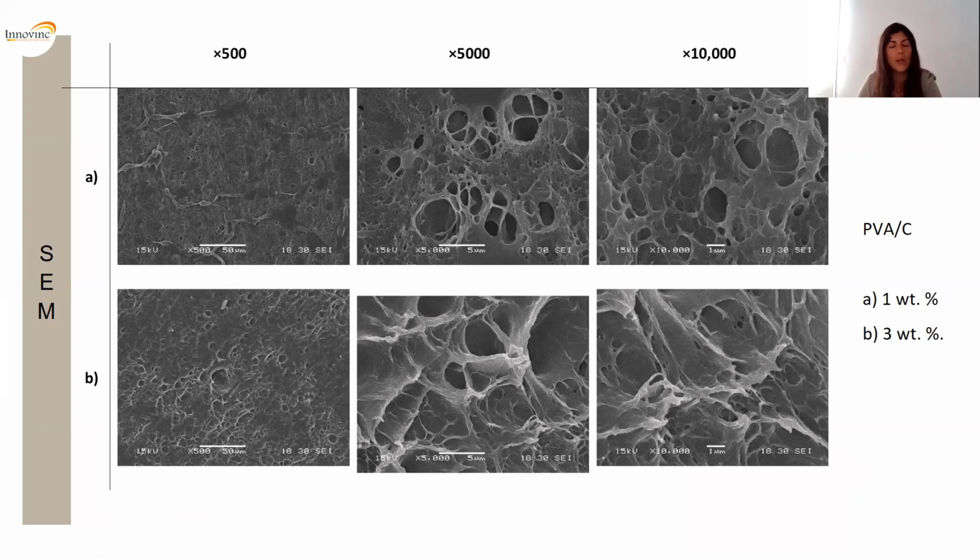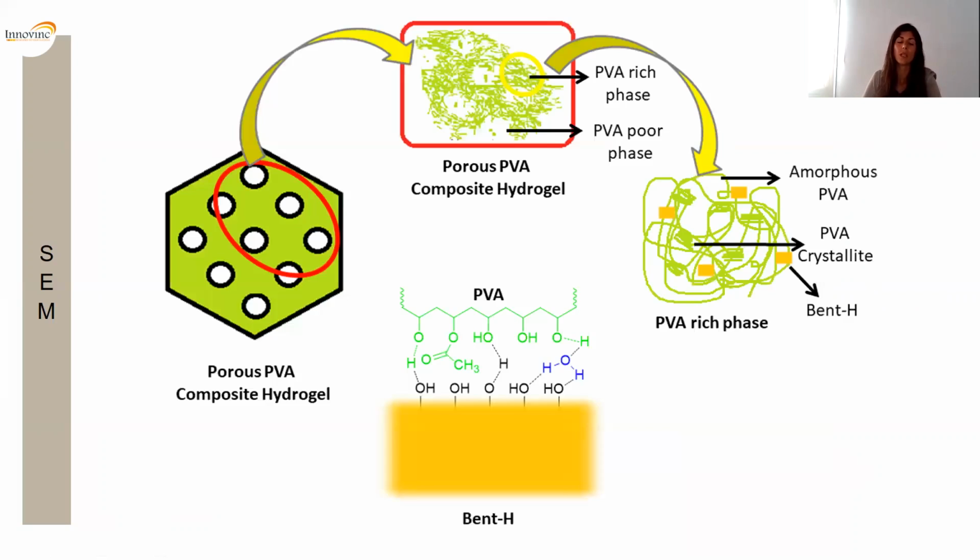So we explored some of the factors that usually affect composite hydrogel morphology, and we proposed this model that is already reported in some papers, in which we established the way in which the pores are formed in the composite PVA hydrogel. So we have the PVA rich and poor phases, we have amorphous and crystallized PVA, and the most important thing is that we can have some hydrogen bonding interaction between the filler and the PVA chain.